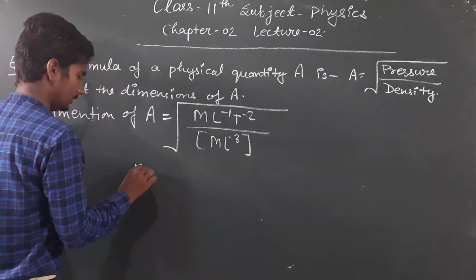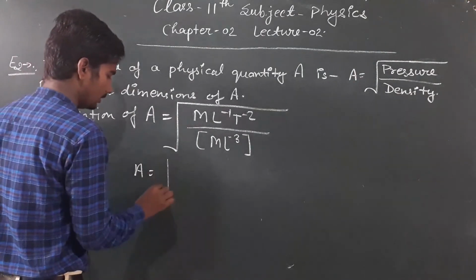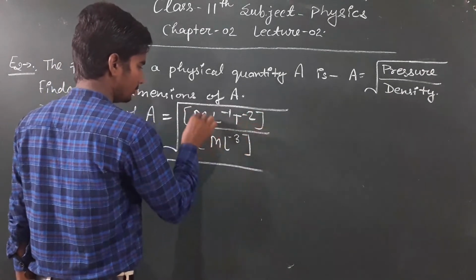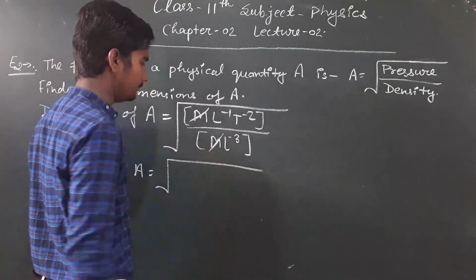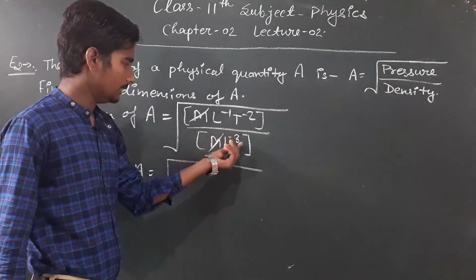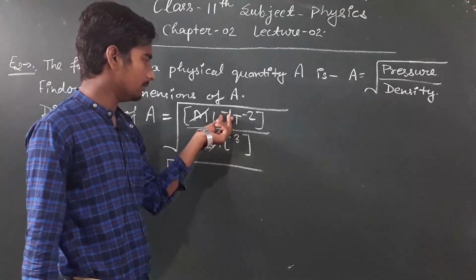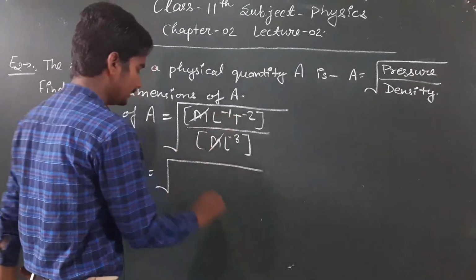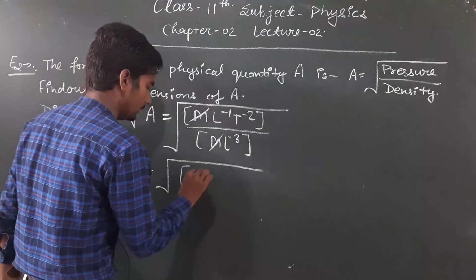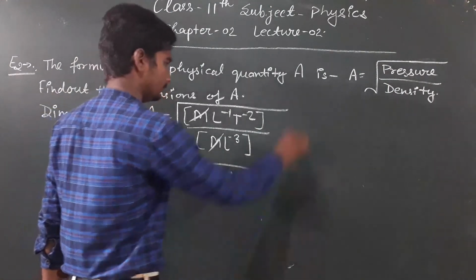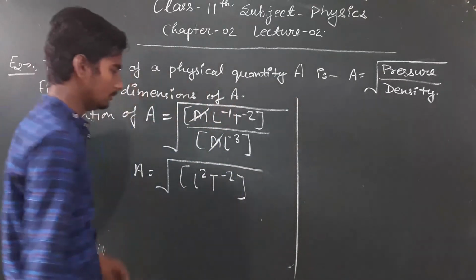So that will be equal to under root, m is going to be cancelled with m. L minus 3 is in the denominator and L minus 1 in the numerator, so if L minus 3 goes upwards, it will become L2 T minus 2.